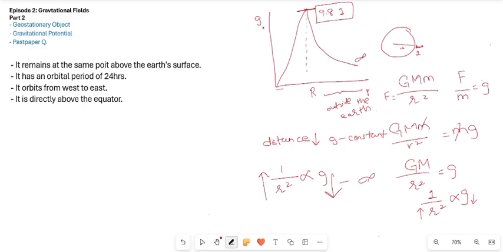Now we're going to move towards gravitational potential. Let me quickly write what the definition of gravitational potential is, and then I'll explain it to you. Gravitational potential, I'll denote it with GP.